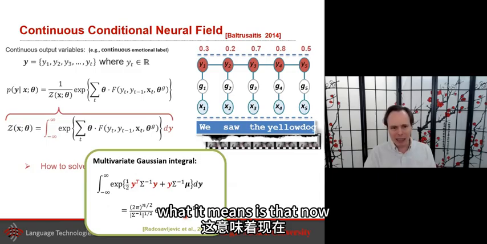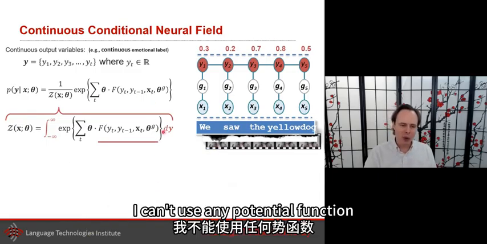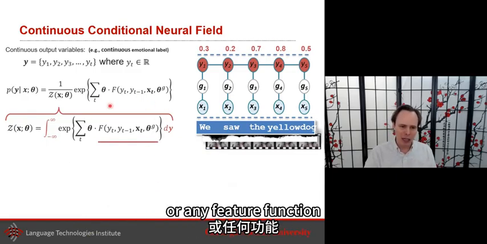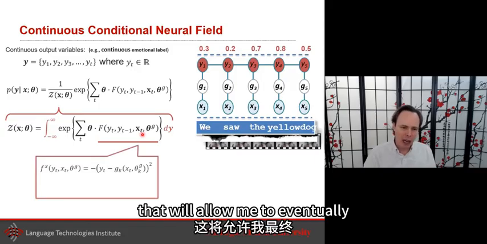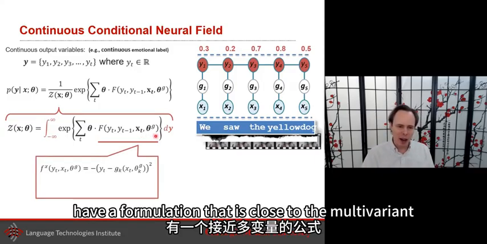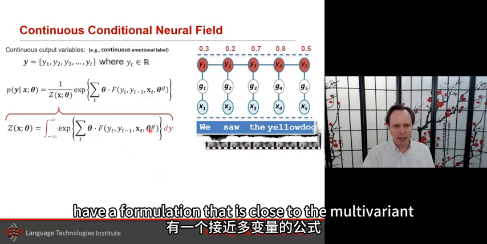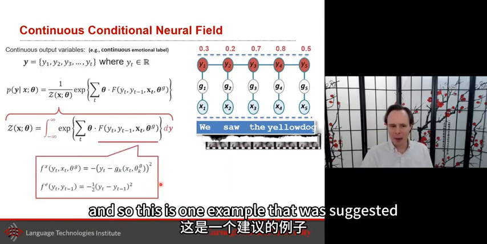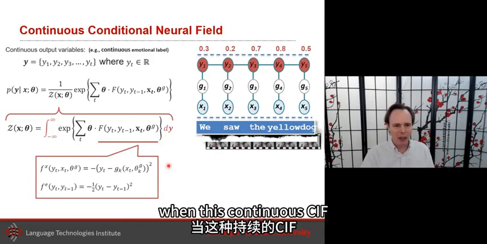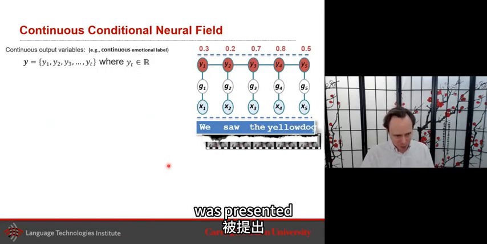What it means is that now I can't use just any potential function or any feature function. They need to be feature functions that will allow me to eventually have a formulation that is close to the multivariate Gaussian integral. And this is one example that was suggested when this continuous CRF was presented.